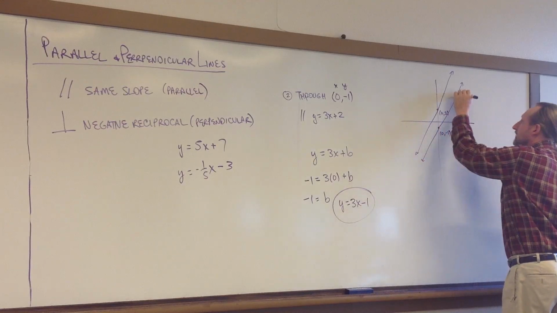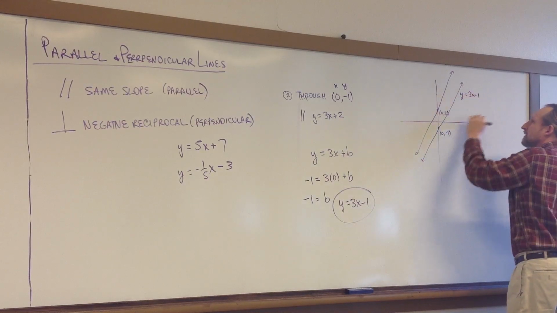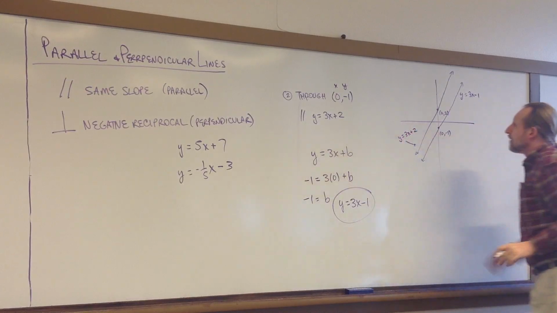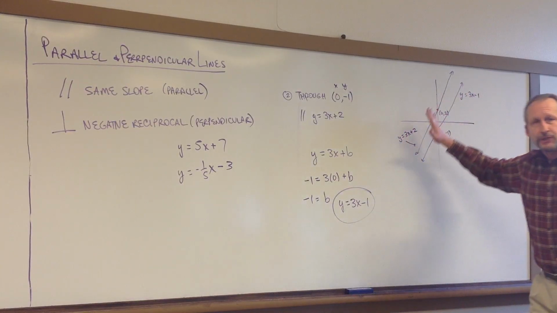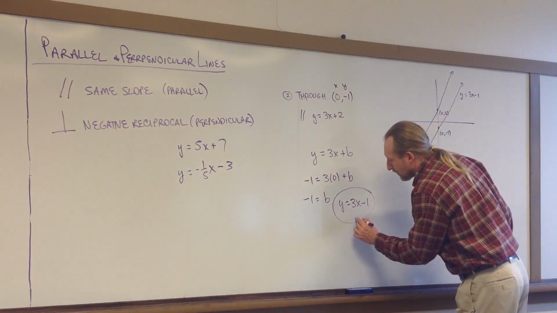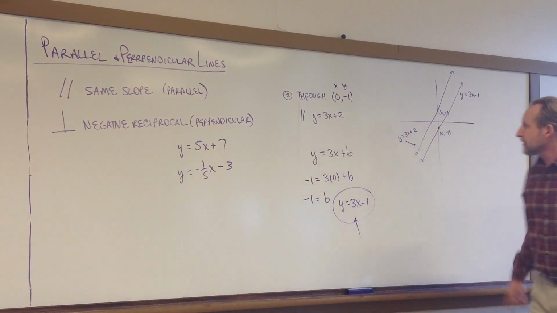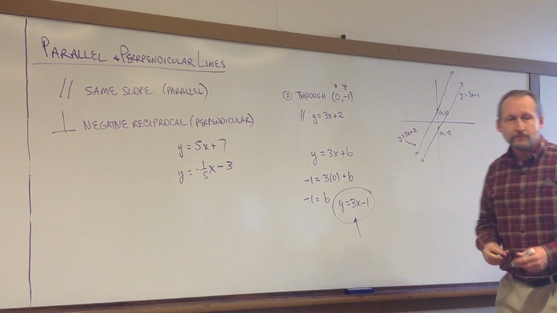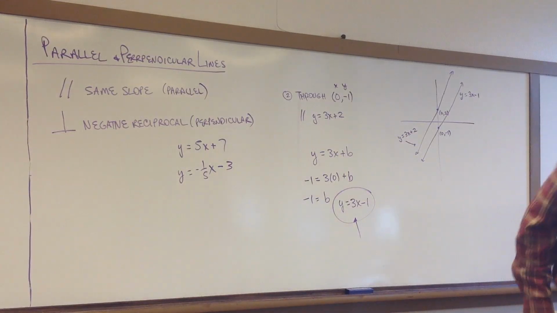That's the line y equals 3x minus 1. This is the line y equals 3x plus 2. This is just for demonstration, to help you visualize what's going on. The answer we're looking for is the equation of the parallel line passing through the point (0, -1). So that's problem 2.